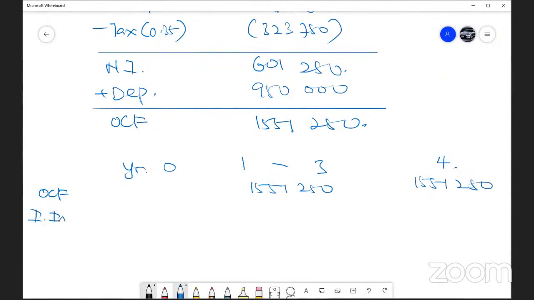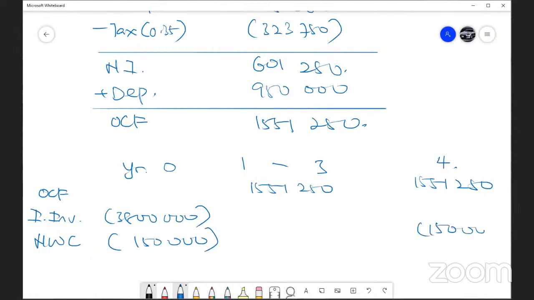Initial investment, 3.8 million, sorry. Net working capital, $150,000, received back at the end of year 4. Lastly, after tax salvage value.